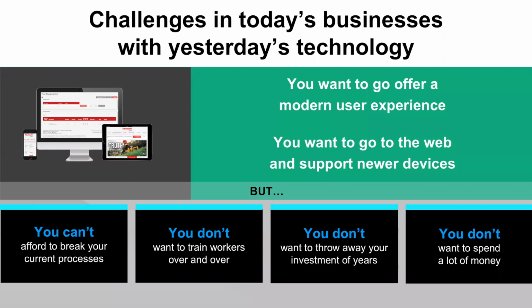So let's see the challenges we have as business. We all as business want to offer a modern user experience. We all want to go web and support newer devices and make sure everything's connected. But let's face it, you cannot afford to break your current processes. Those processes are there for some reason.